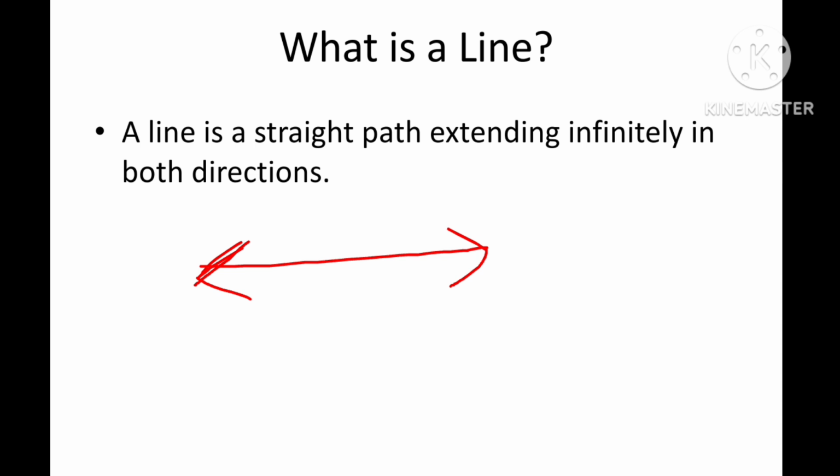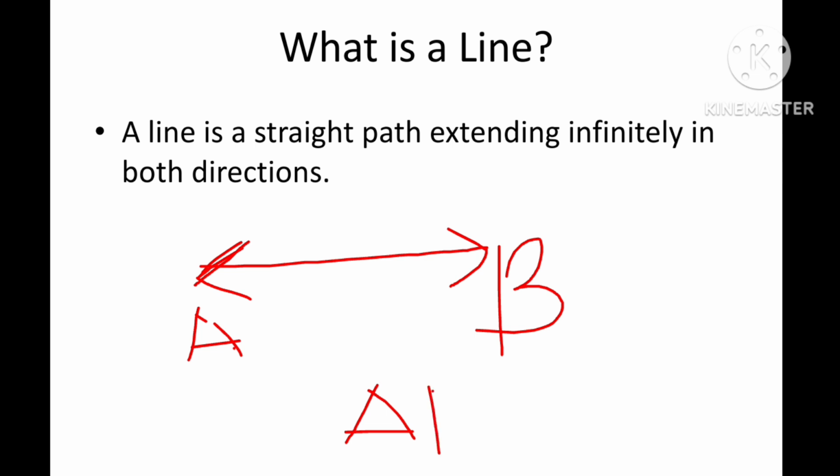Okay, so a line has no starting point and no ending point and is represented by, suppose this is A and this is B, so the line is represented by AB like that. So a line has no starting point and no end point.